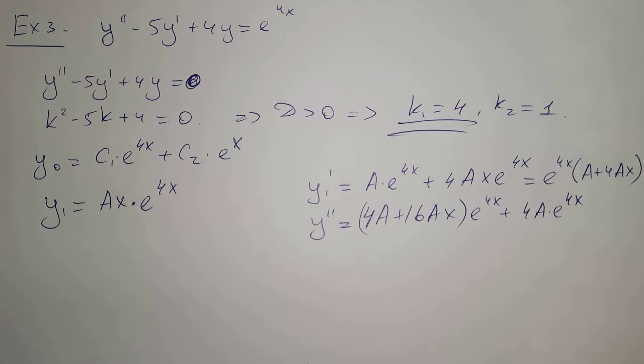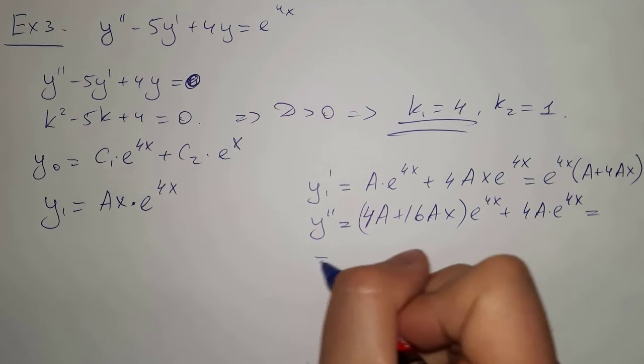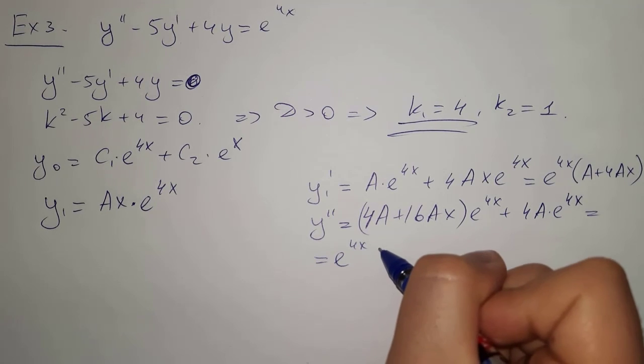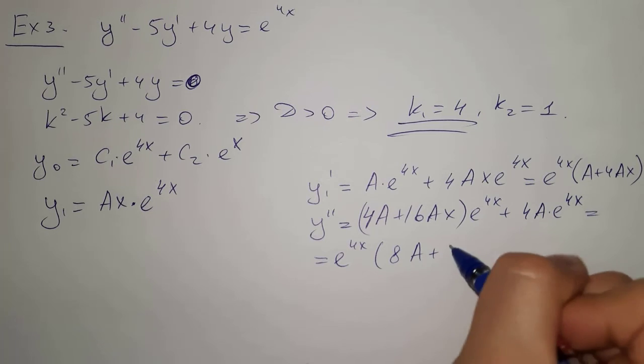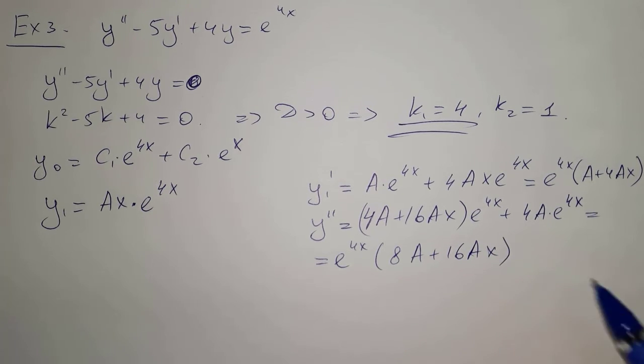And now let's put, or can we simplify? Yeah, we can simplify, of course. Factor out e to the power of 4x, and we have 8a plus 16ax.